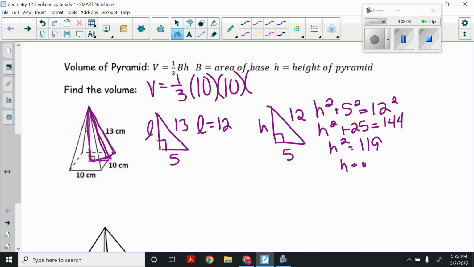So the height is the square root of 119. So putting that in my volume formula, I'm going to multiply all of these together. So 10 times 10 is 100 times the square root of 119 divided by 3 gets me 363.6 cubic centimeters.